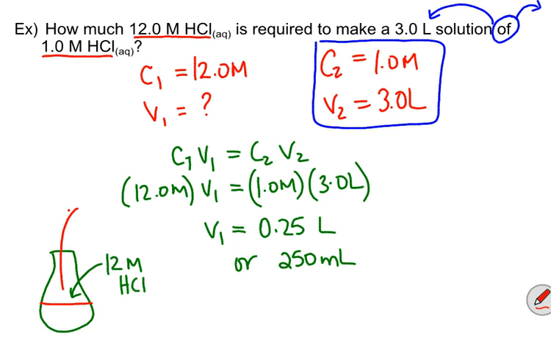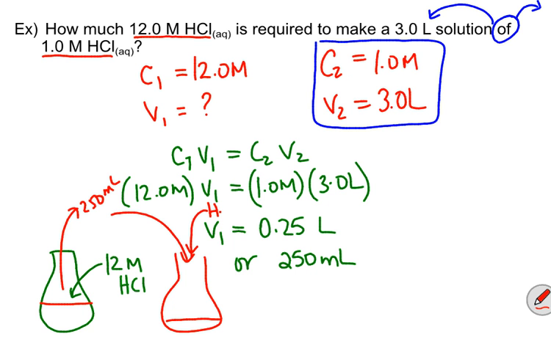So I would take out 250 mils and put it, say, in another flask or another beaker. So there's my 250 mils. And I would have to add enough water, H2O, to bring the final volume up to 3 liters. If I did that, my concentration will be exactly 1 molar, or 1 mole per liter.